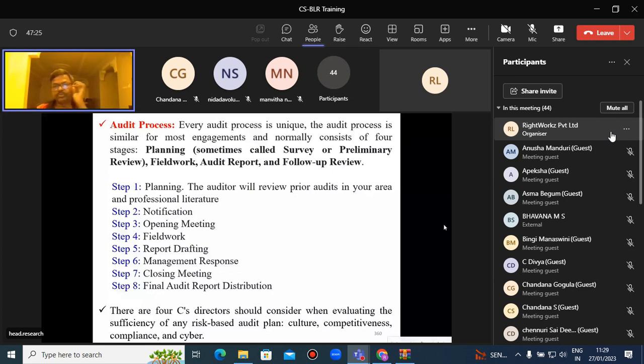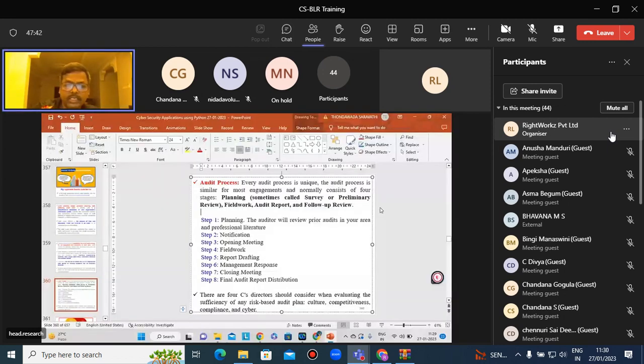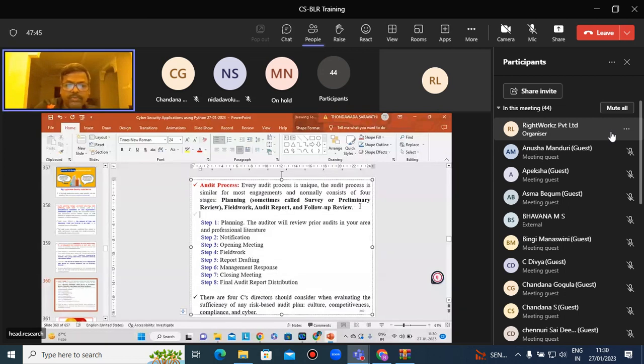Usually it consists of 4 stages, and there are 8 steps. You can write here: it consists of 8 steps. These are the 8 steps you need to remember.